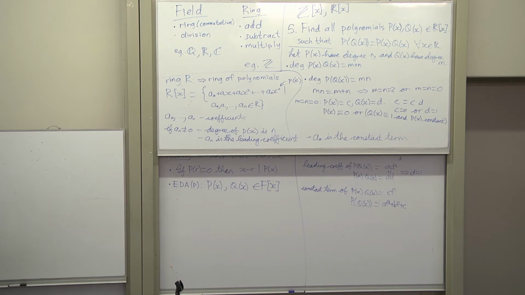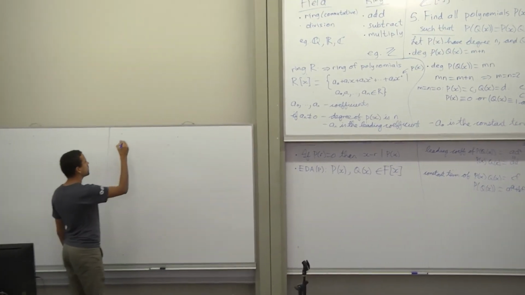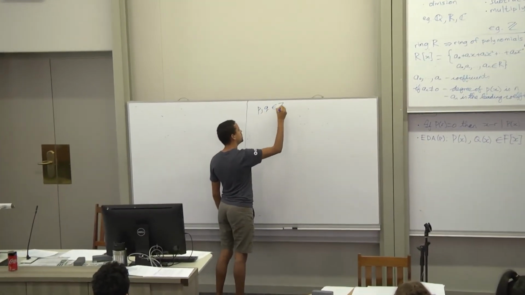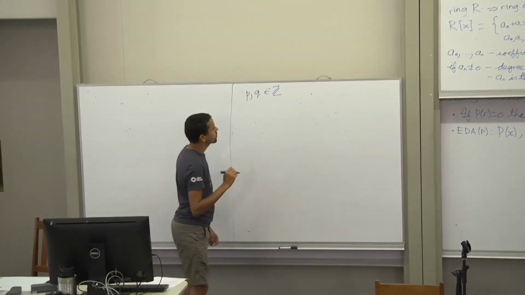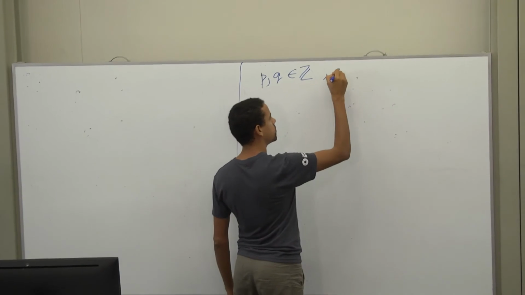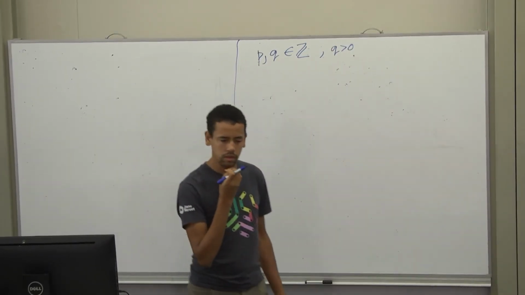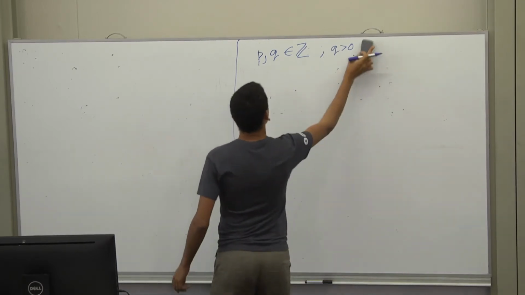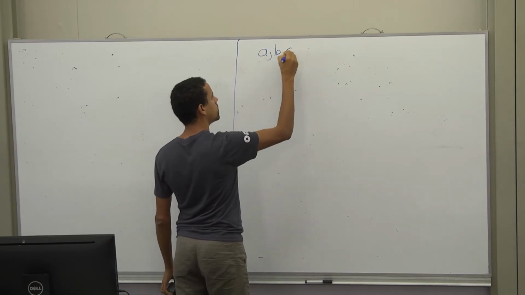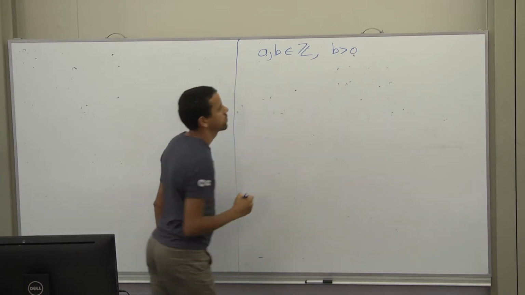would be the following statement: if I have a number p and q which are integers, let's say q is positive. Actually no, p and q are not good examples here. Let's say a and b are integers and b is positive.